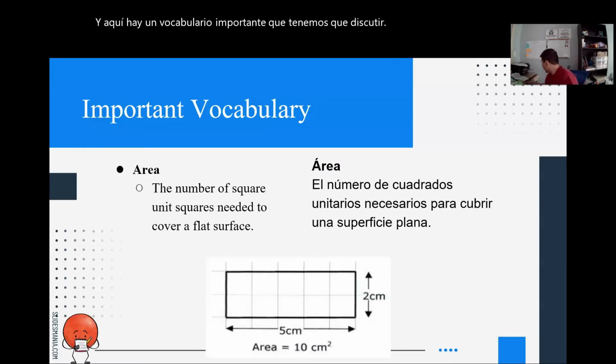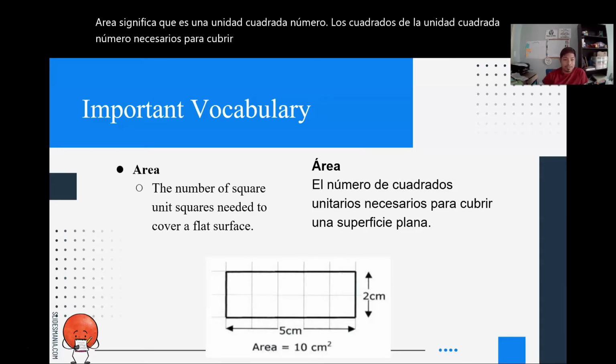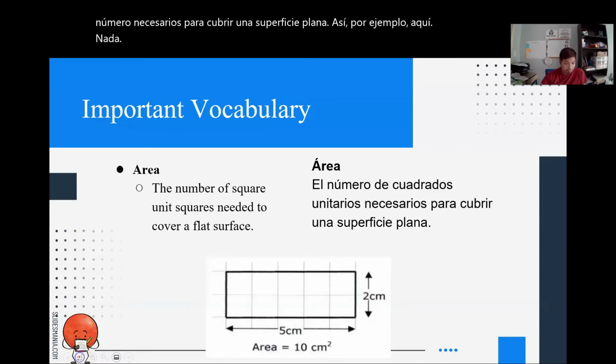The first one is area. Area means the number of square unit squares needed to cover a flat surface. So for example here, these are a bunch of squares inside.